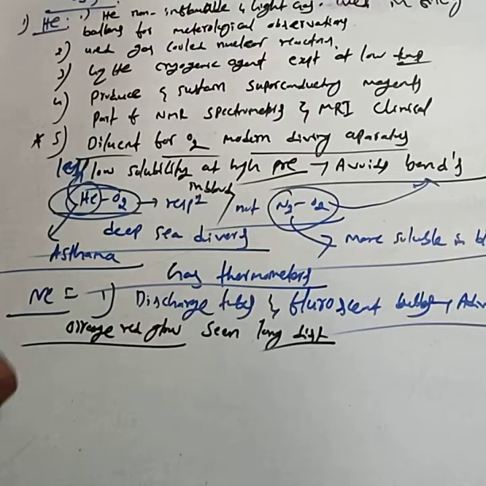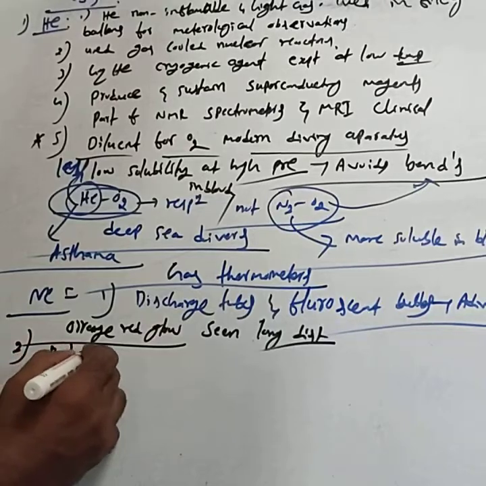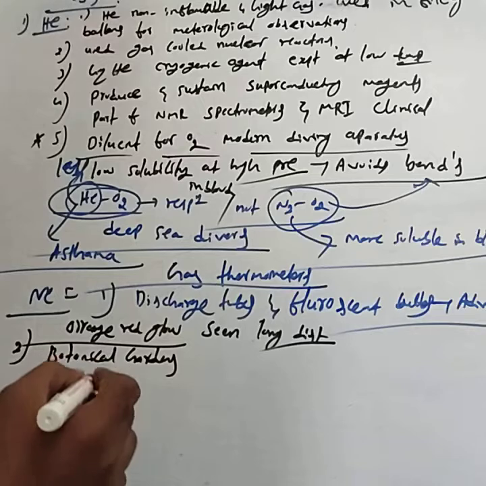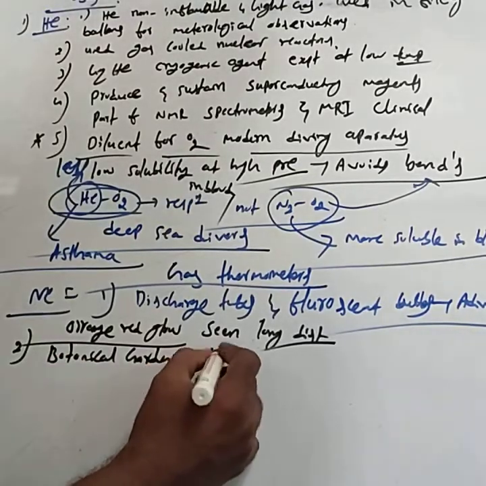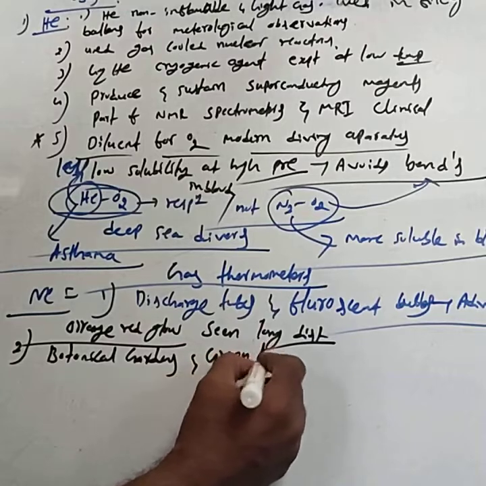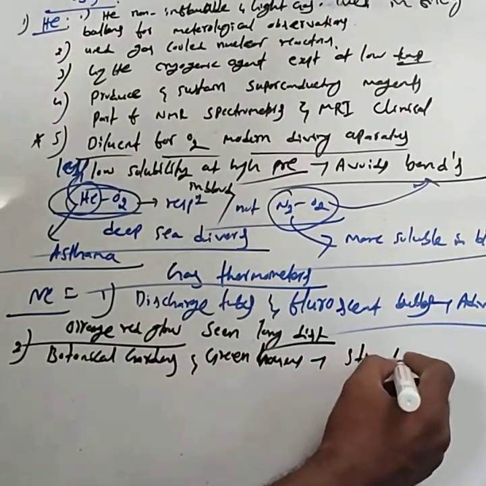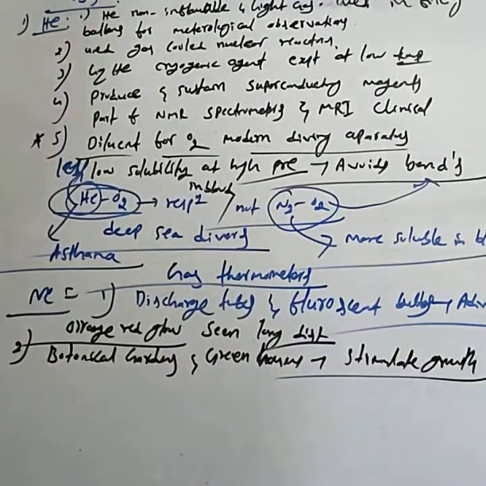The second use: neon bulbs are used in botanical gardens and greenhouses to stimulate the growth of the plants.